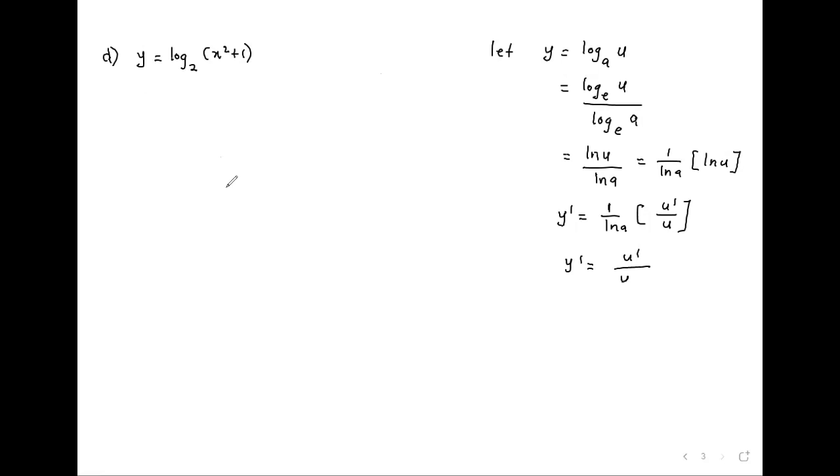Simply say the derivative of such functions is going to be u prime over u ln a. So when we come to this setup, we first let u be x squared plus 1, so that u prime becomes 2x. Then u prime over u ln 2: u prime is 2x, over u which is x squared plus 1, multiplied by ln 2.